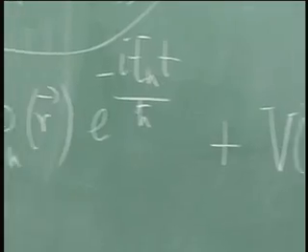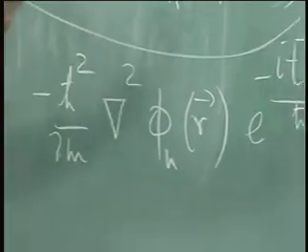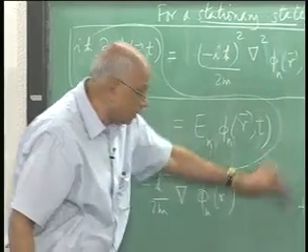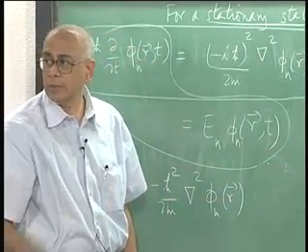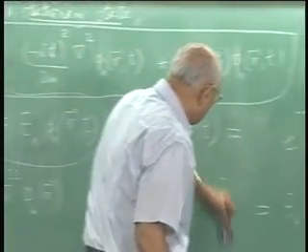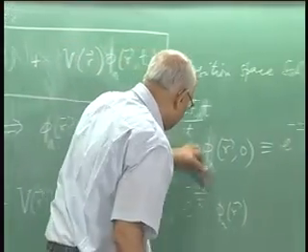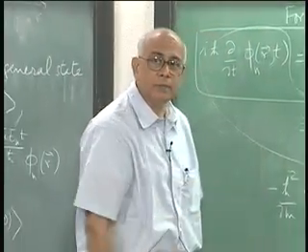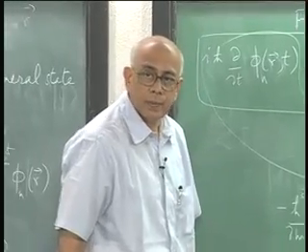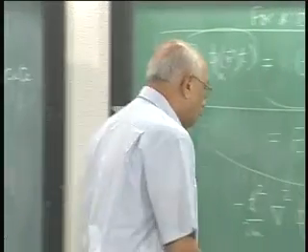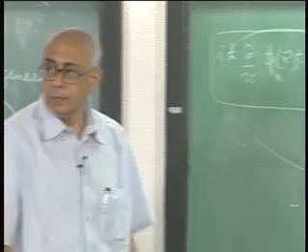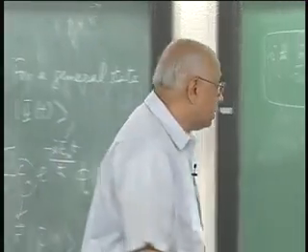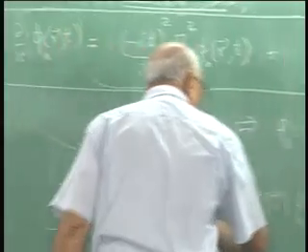But there is no derivative with respect to t. I have removed it, I have in fact solved the t dependence here, and this factor of course cancels out. That is exactly what happens when you separate variables, this factor disappears, and I am left with this equation. For each eigenstate, the position space representative of that eigenstate satisfies this partial differential equation.